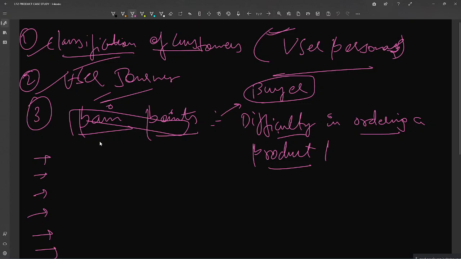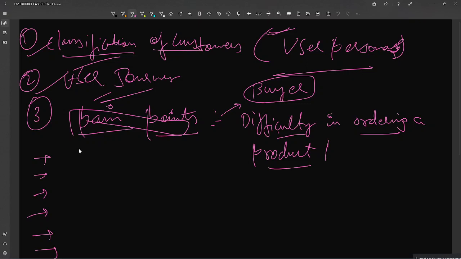Now let's start with the pain point. What problem do you face in login? Sometimes when we open the app after some time, we forget our password, and while recovering the password we don't receive the OTP. See, it's a very minor point.